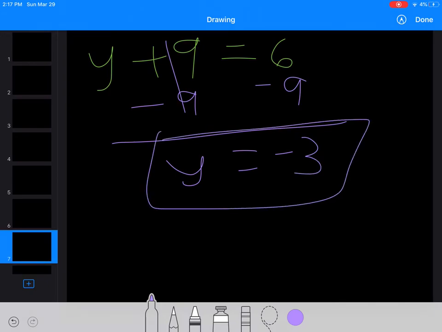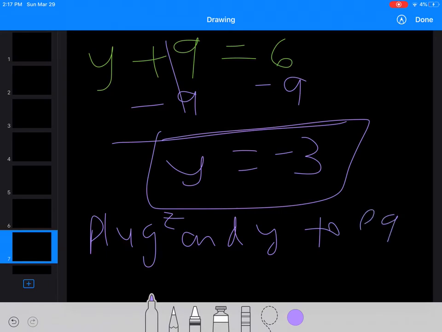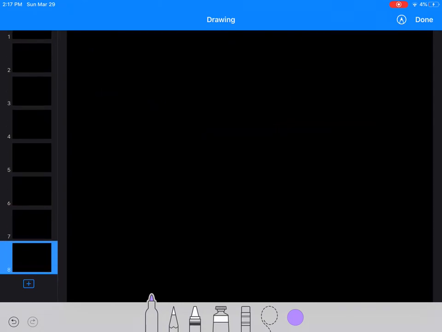All right, so now we need to plug z and y into equation 1. So let's do that on the next slide. So equation 1 was 2x minus y plus 5z equals 22.